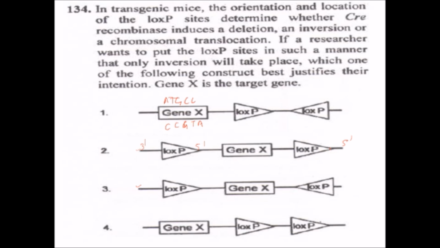Again, as per this, it is 5 prime and it is in the same direction. If we invert it, what will happen? It will invert in this direction and it will go wrong. The pointed side will be somewhat like this; it will go 5 prime and face the 3 prime. But in this diagram, if you see, if it undergoes inversion, then it will orient itself in the right direction, which is the 5 prime and 3 prime. So the answer will be number 3.